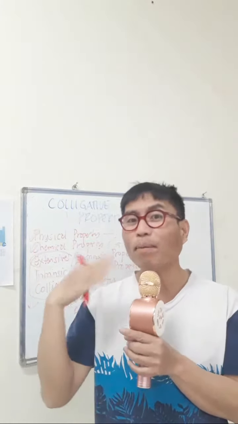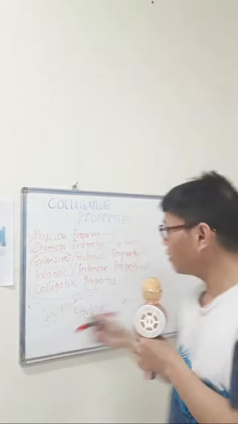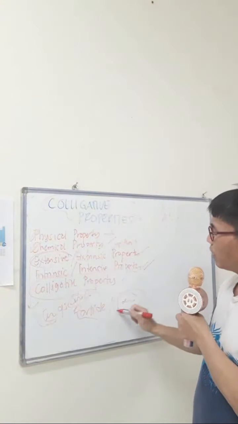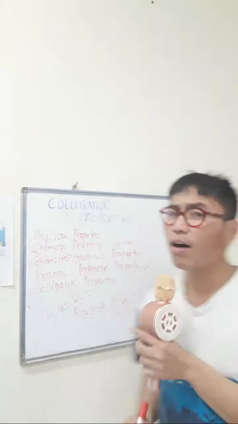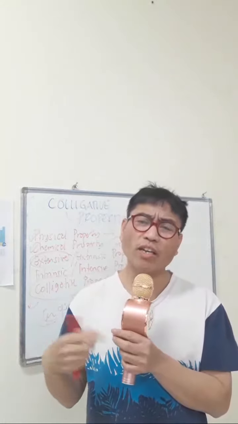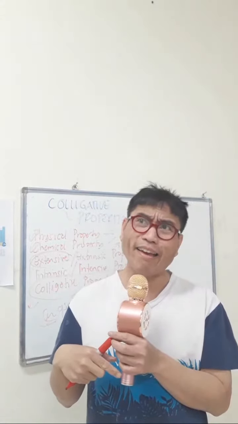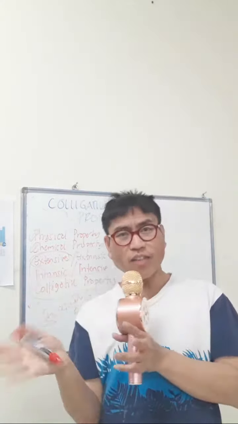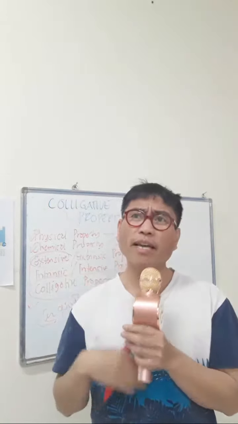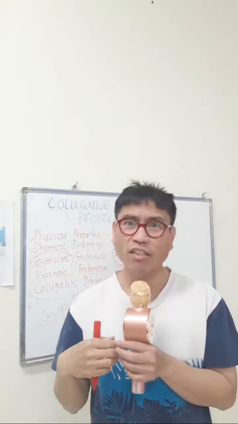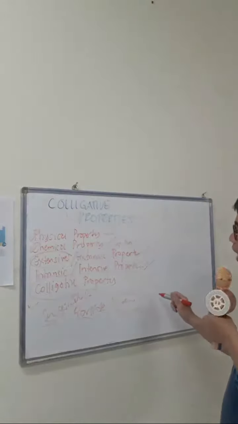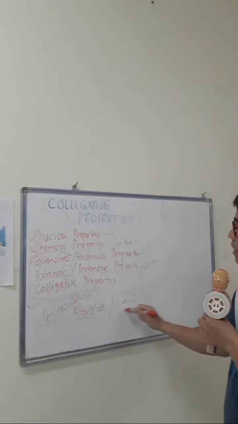Why ions? Because most studies of colligative properties deal with ionic compounds that dissociate into ions when introduced into an aqueous solution, that is, weak or strong electrolytes that undergo ionization or dissociation in the aqueous solution. That's very clear, right?